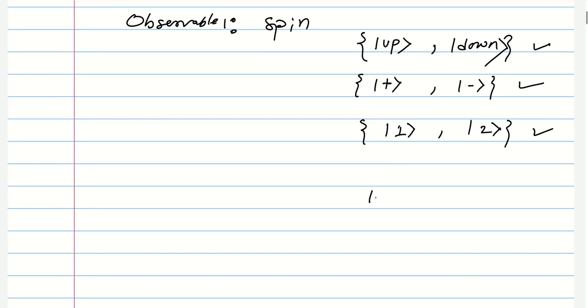In that case you label it with n, or you can label it with i. So |i1> means first state, |i2> means second state, right? So the identity operator is defined this way.